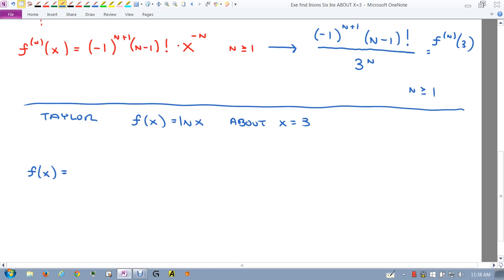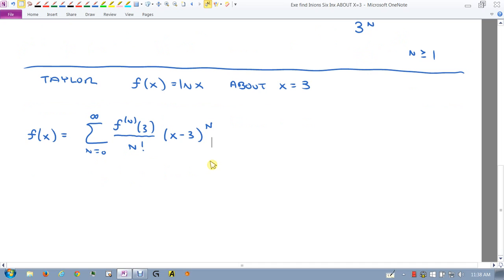But our sum and our formula only work for n bigger than or equal to 1. So this is the original formula. It starts at 0. What goes here? This is the nth derivative at a, which is 3, over n factorial, and then what goes here? X minus 3, good, to the n.